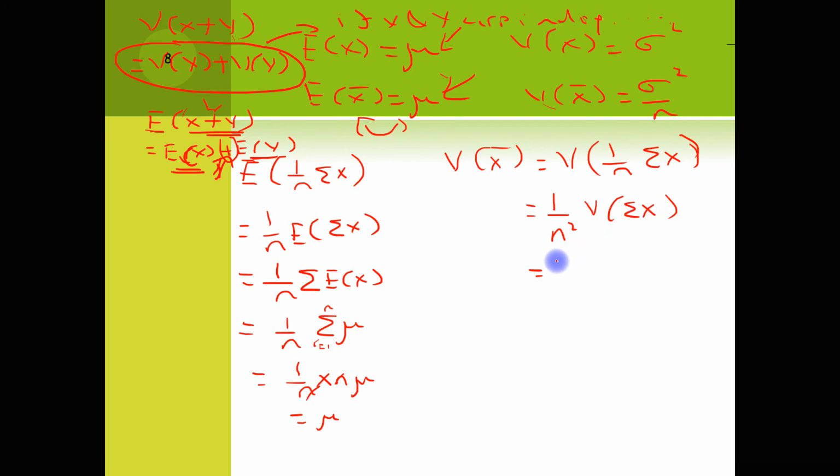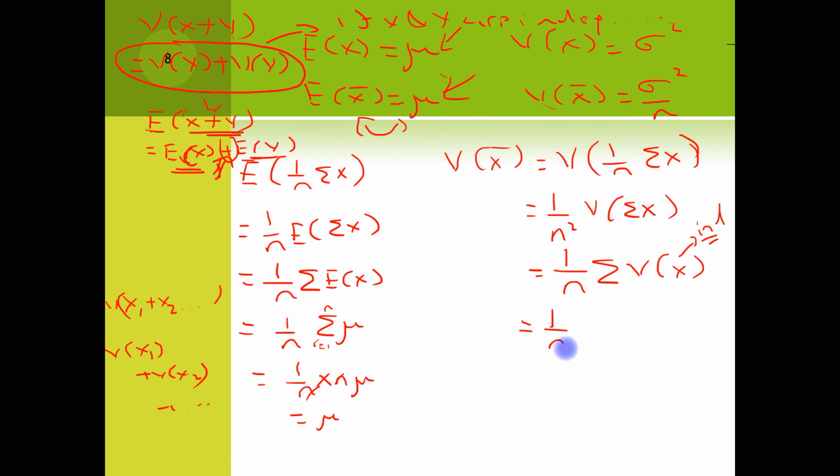So the variance of x1 plus x2 plus x3 and so on can be rewritten as the variance of x1 plus variance of x2 plus variance of x3 onwards up to n. In shorthand notation, it becomes the sum of the variance of x. This applies only because x are independent. If they were not independent, this would not have made sense.